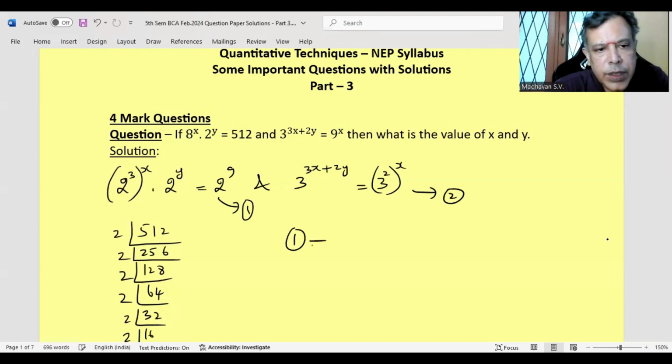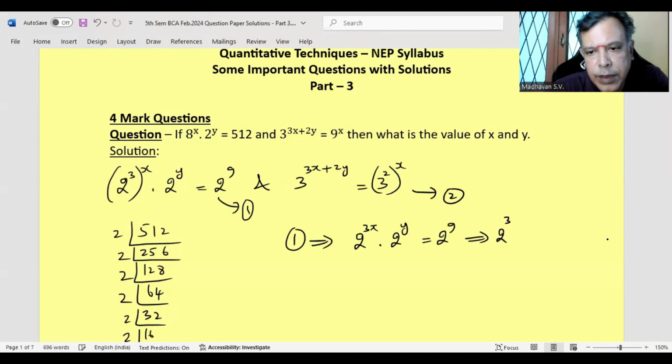Now equation 1 can be written as 2 to the power of 3x multiplied by 2 to the power of y is equal to 2 power 9, which can be further simplified as 2 to the power of 3x plus y, because if the left-hand side base is common, we can add the indices. That is equal to 2 power 9, which means we can say 3x plus y equal to 9. Call this as third equation.